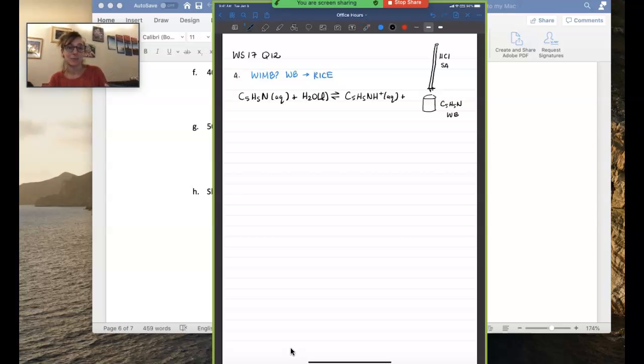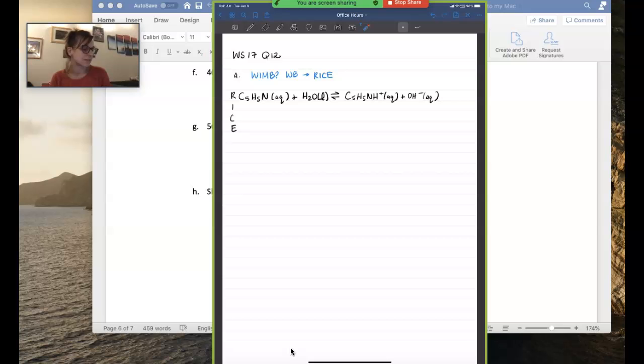Water is acting as an acid, as a proton donor, and so we're left with the conjugate base of water, which is hydroxide. So make sure you're using those definitions to guide you into determining the correct products as you work through these types of problems.